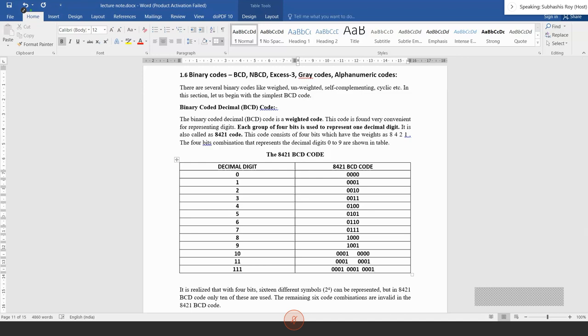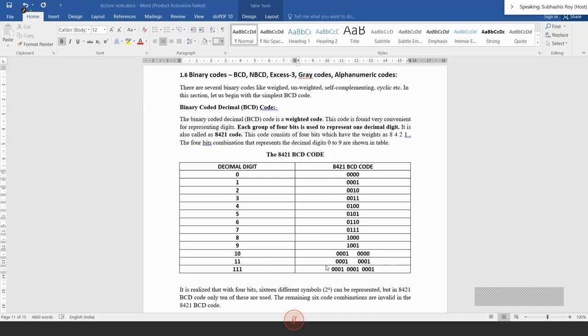So you can understand that if the decimal digits are increasing, then the required number of bits is also increasing. This is the disadvantage of BCD code. If anyone wants to represent a bigger decimal number, say 10,000 or 11,000, there are 5 digits in decimal.